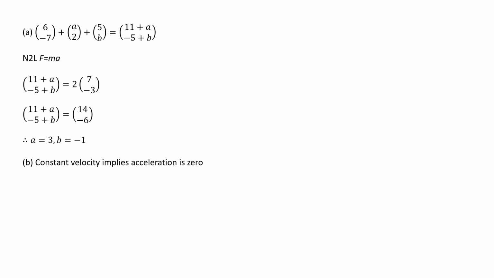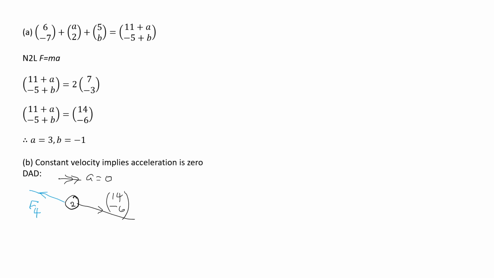So the implication of constant velocity is that acceleration equals 0. Draw a diagram. I know that I've got my mass of 2 still. I've got an acceleration. You notice I put a double arrow on there to show that my acceleration is equal to 0, but I've simply shown a direction to it.